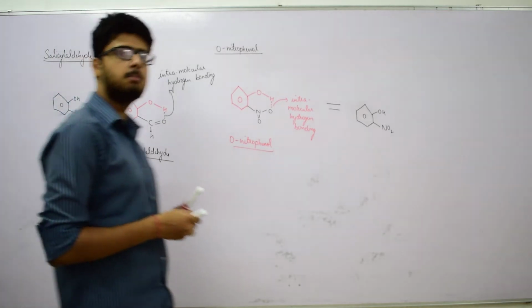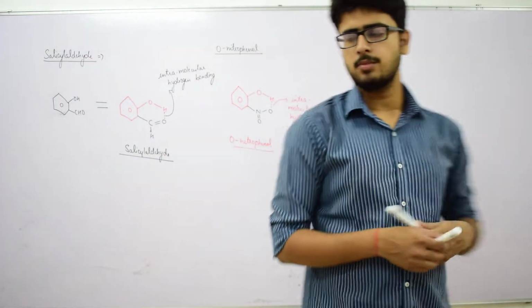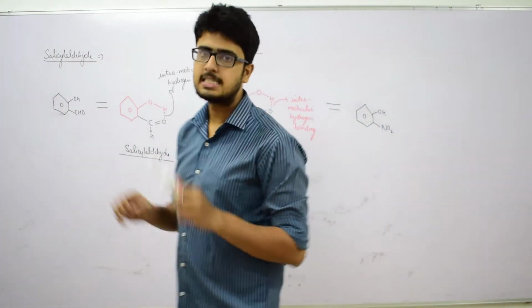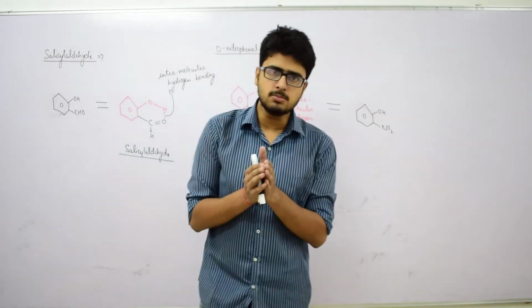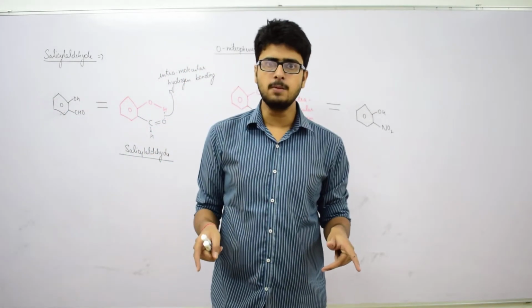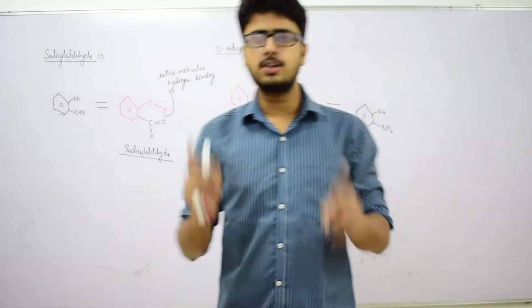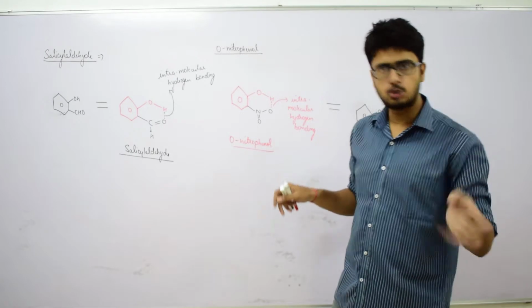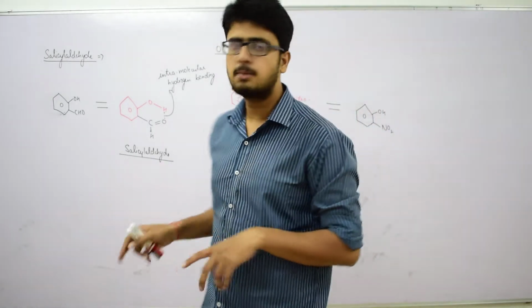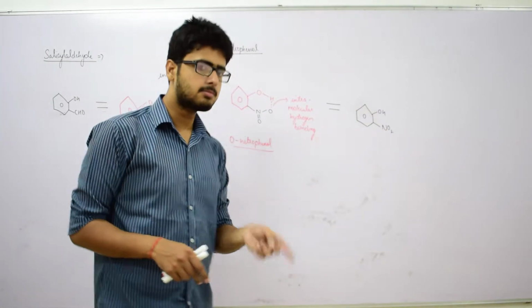So these are the two examples of intramolecular hydrogen bonding. It is found between two atoms of the same molecule. The first example was orthonitrophenol and the second was salicylic.